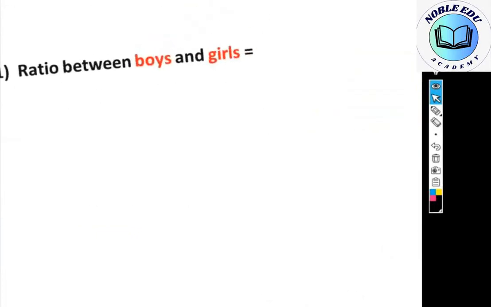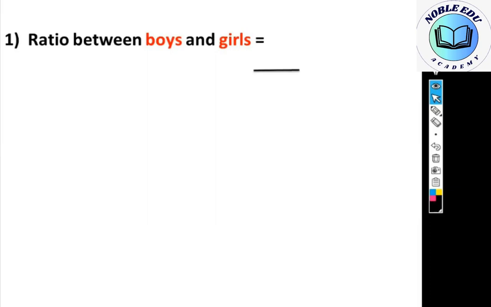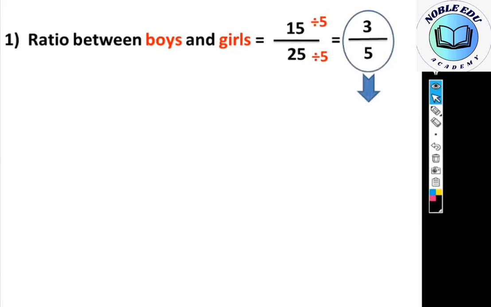Okay, the ratio between boys and girls. Which comes first here? The number of boys, and boys is 15, and girls is 25. So write 15 over 25. Now you can simplify 15 and 25. Yes, you can divide both numbers up and down by 5. 15 divided by 5 equals 3, and 25 divided by 5 equals 5. So 3 over 5 is the ratio between the number of boys and the girls.